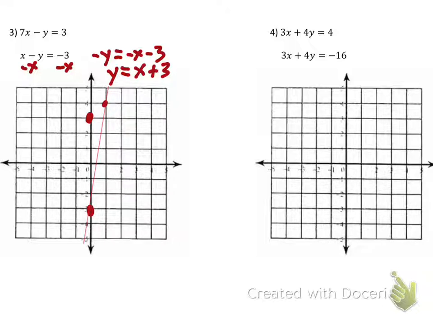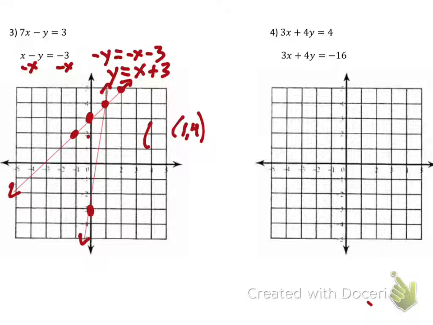So if I go up 1 and then over 1, up 1, over 1, down 1, over 1, you can see that my line's going to be like that. Make sure you put your arrows in there because they do continue on. But the point that these two lines cross is going to be 1 and then up 4. So 1, 4.